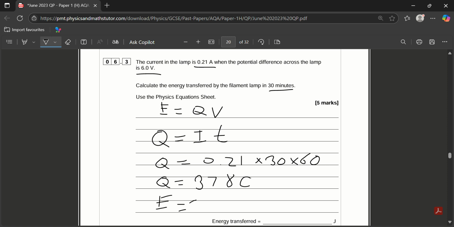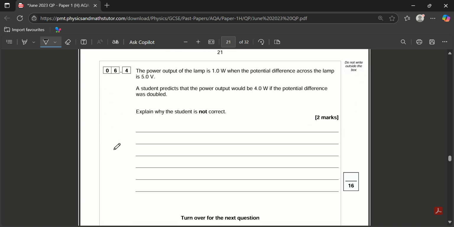Therefore, the energy transferred is going to be 378 times 6.0 volts, which is going to be just 2,268 joules. Next question.